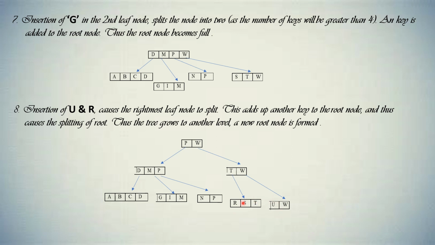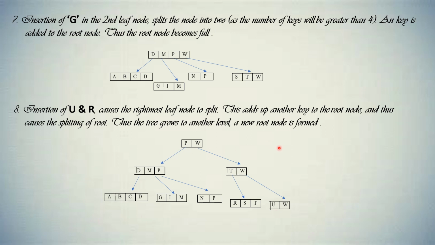When U and R should be added to the last node, they cannot be, because the node would be completely filled and cannot hold so many elements. Thereby it is split into two, that is ST and then W. R is added in this block as it is less than T, and U is added here as it is less than W.